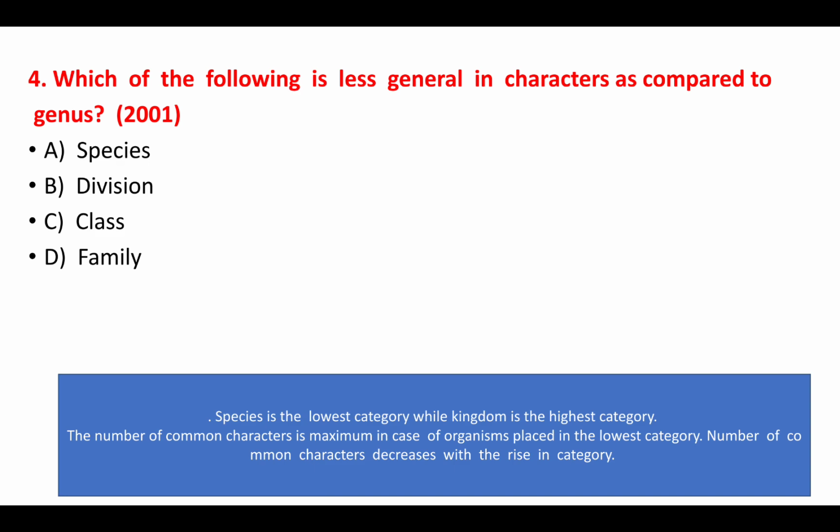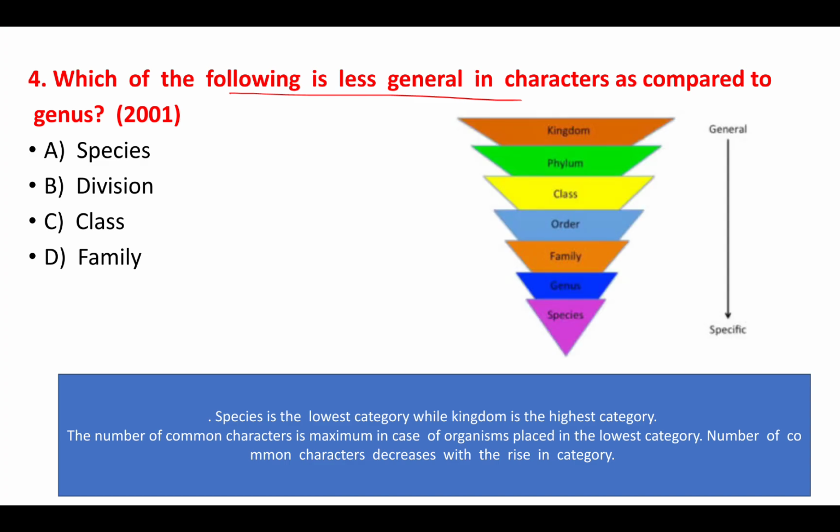Let's move to the fourth question. Which of the following is less general in characters as compared to genus? See, you might have learned the hierarchical arrangement, right? So, the species is the lowest category, while the kingdom is the highest category.